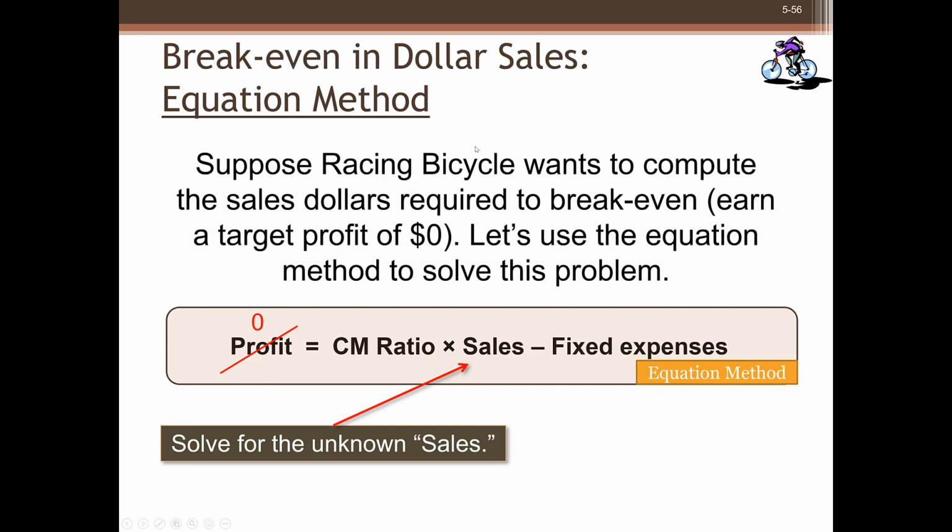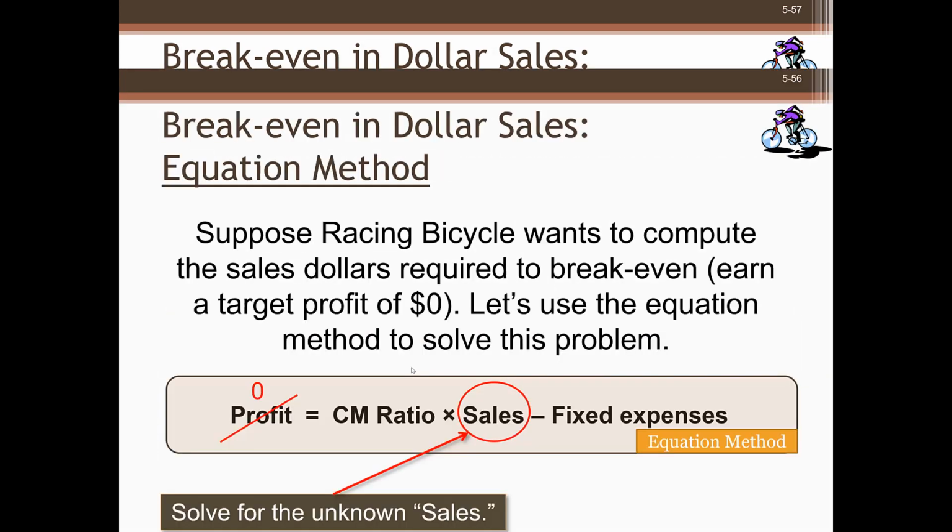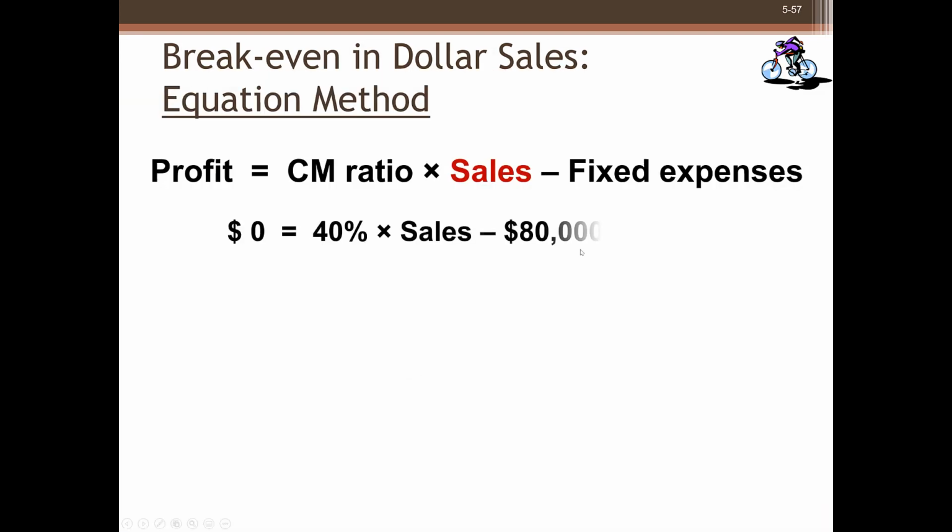For dollar sales, equation method: contribution margin ratio times sales minus fixed expenses, profit 0. We want to solve for sales. So contribution margin ratio 40% and fixed expenses 80,000.